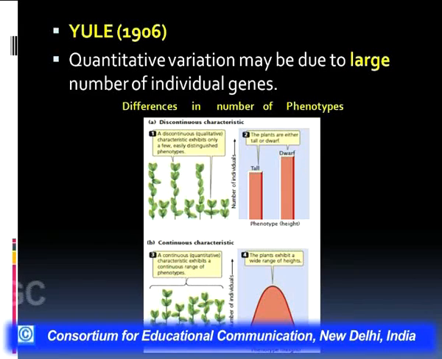And if we were to see the height or the phenotype, it would show a Gaussian or a pyramid-like variation pattern, where there is a continuous gradation of height starting from dwarf to the tall one.